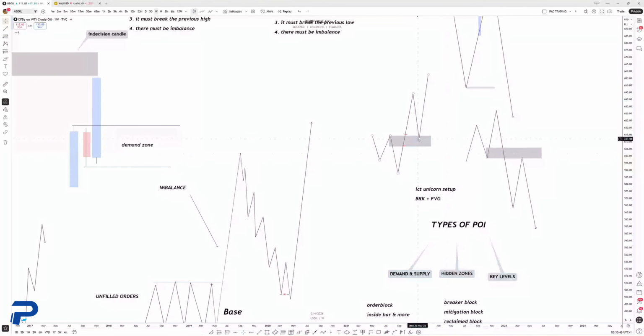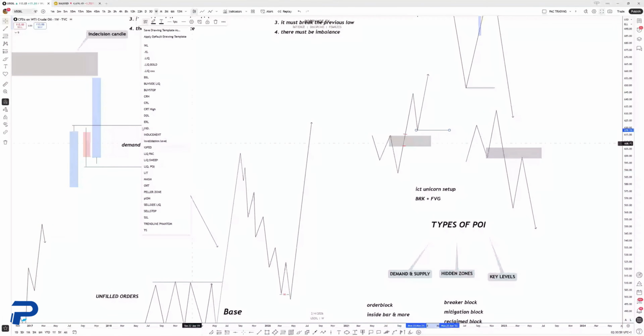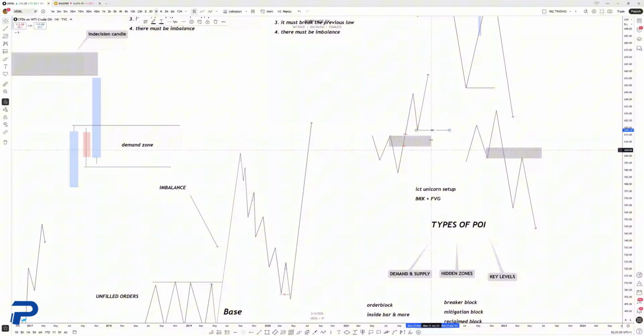Maybe price left liquidity above, right? These are the instances that I use in trading my breakers. I must be clear, I don't like to trading breakers otherwise, but the two instances I use in trading breakers are the ones I'm showing you here. I'll trade a breaker block if there's an inducement above it, like this one.